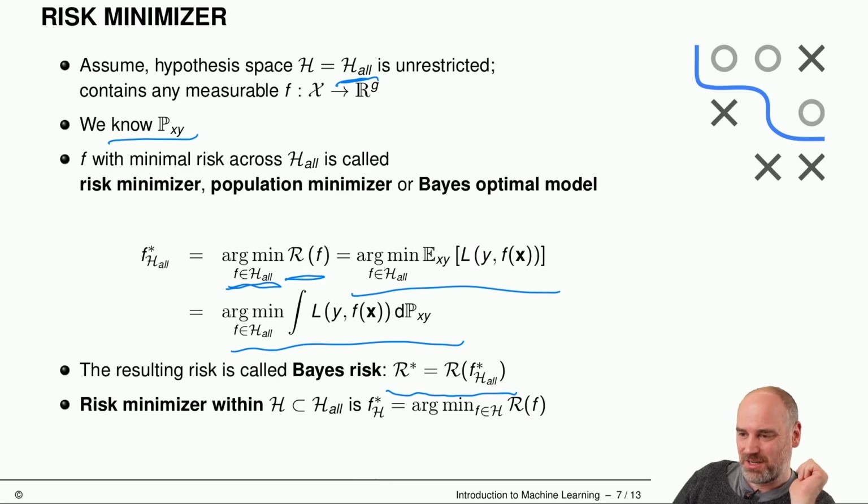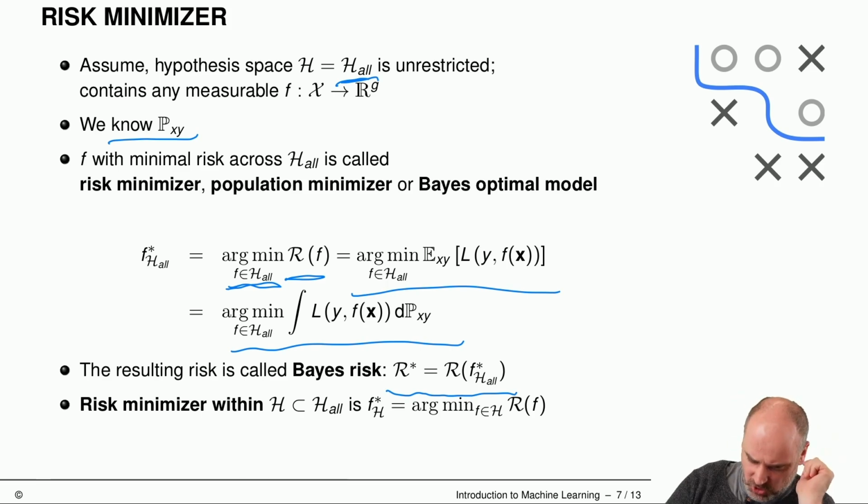So f star is my optimal model. And the associated risk of this optimal model I will denote with an R star, and that's called the Bayes risk. Okay? And there's never going to be any model that can outperform the Bayes optimal model with its Bayes risk or Bayes optimal risk.